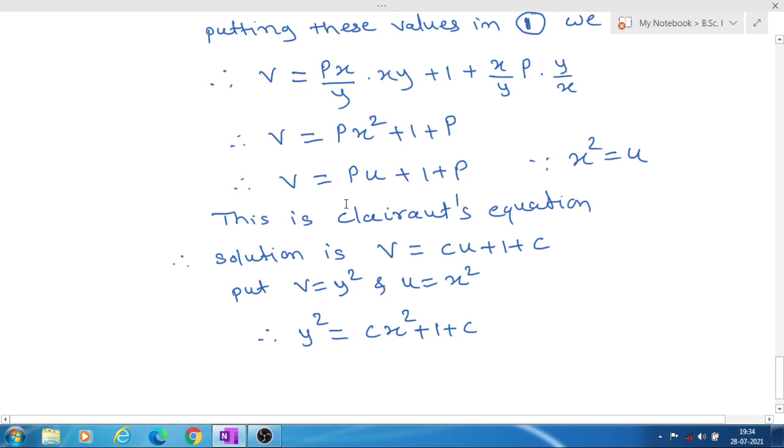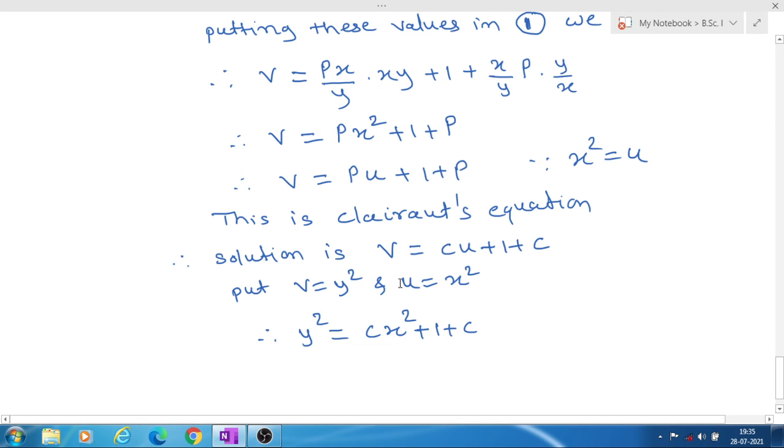Now this is a differential equation in Clairaut's form. If we compare this equation with Clairaut's form, y = px + f(p), instead of y here is variable v, instead of x here is variable u, and the value of p is dv/du. So this is Clairaut's form of equation.